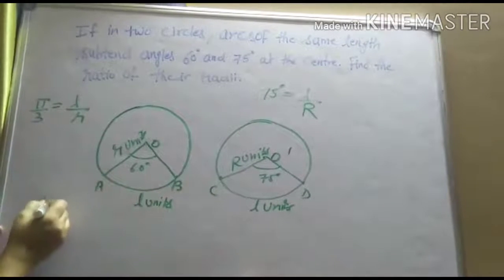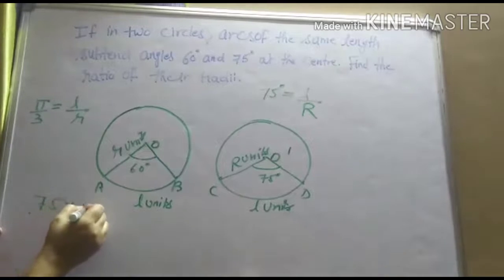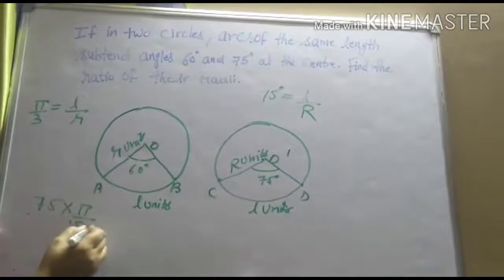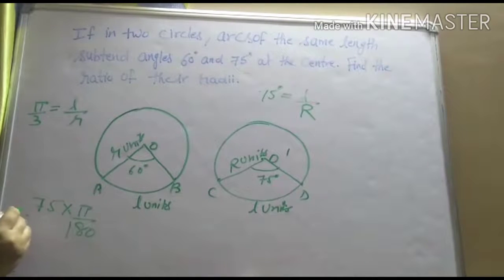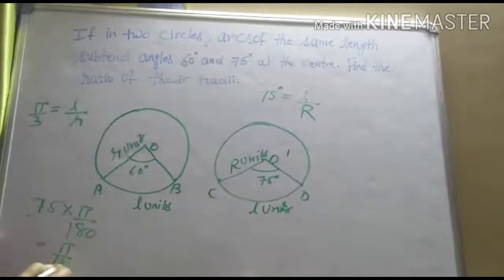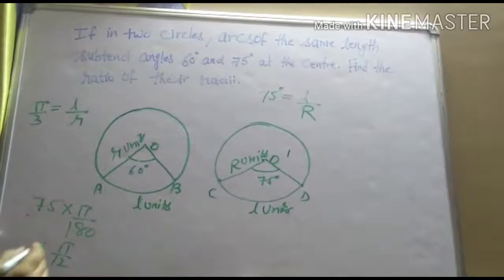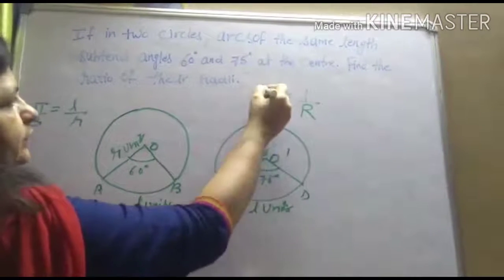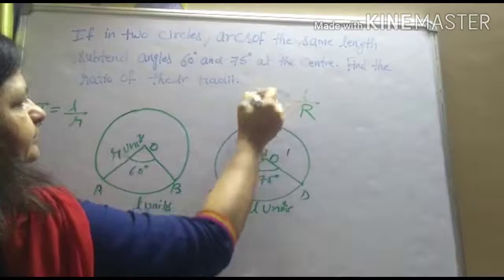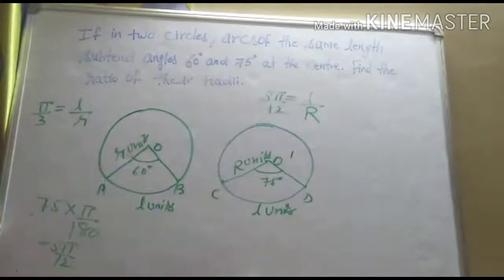So we can convert 75 degrees into radians by multiplying by pi by 180. We can write it as 5 pi by 12.